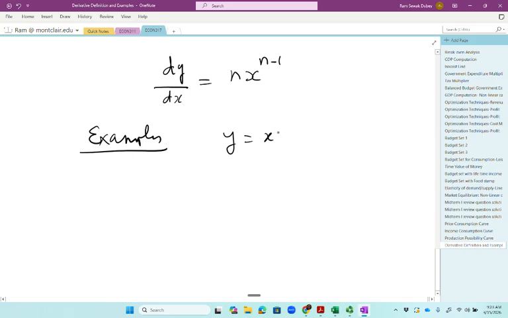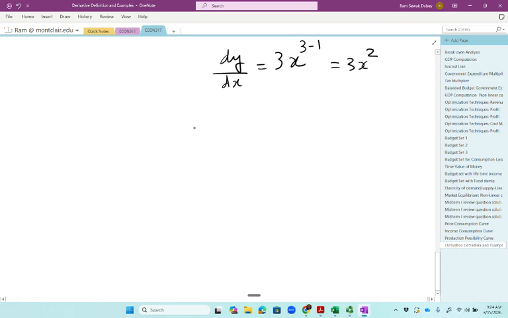Y equal to x to the power 3. The derivative dy over dx is 3 times x to the power 3 minus 1, which turns out to be 3x squared. Maybe I take another example, y equal to x to the power 1 half. As I have already claimed, the formula works for every real number, so this is a fraction.